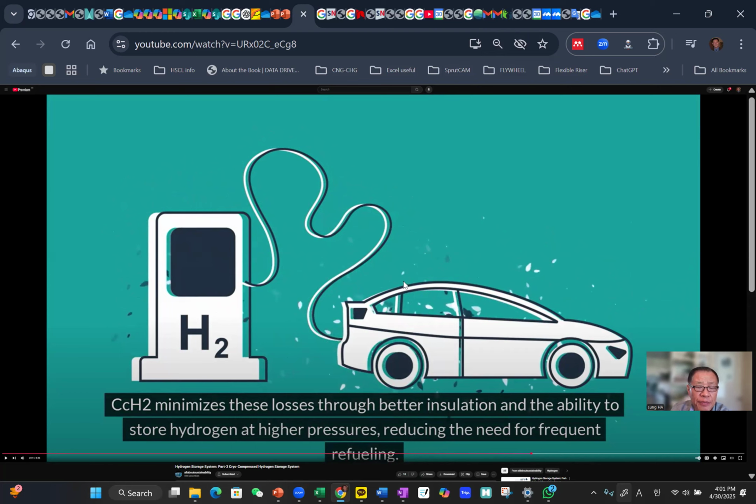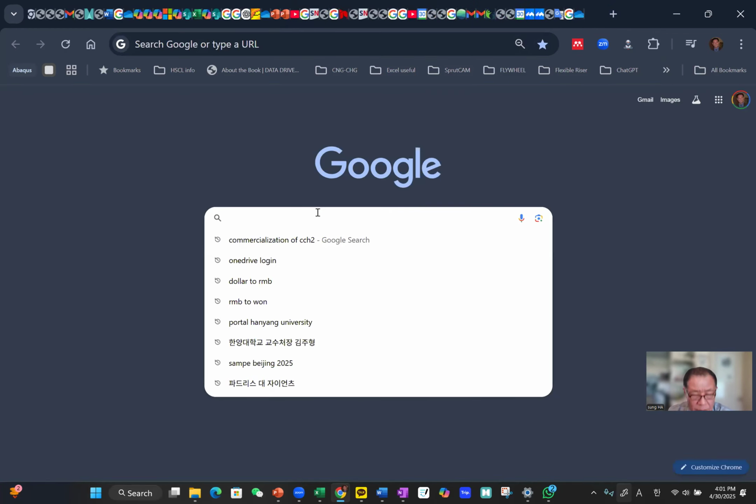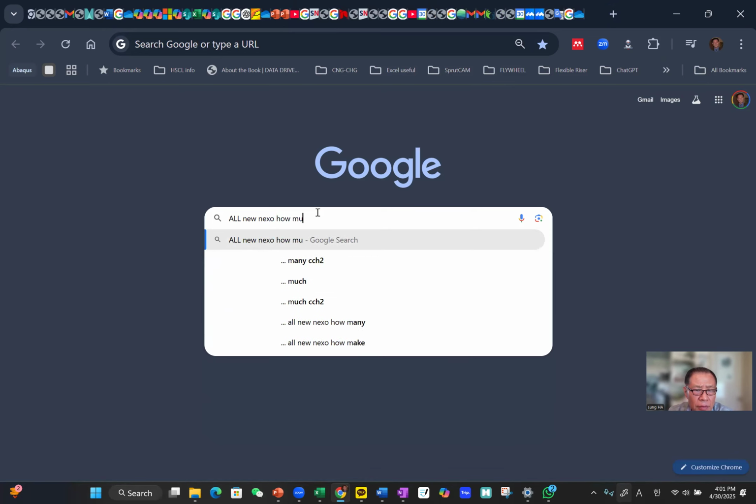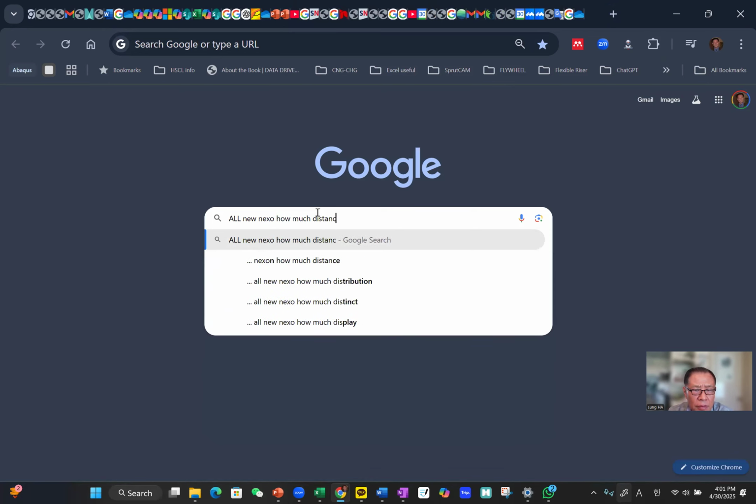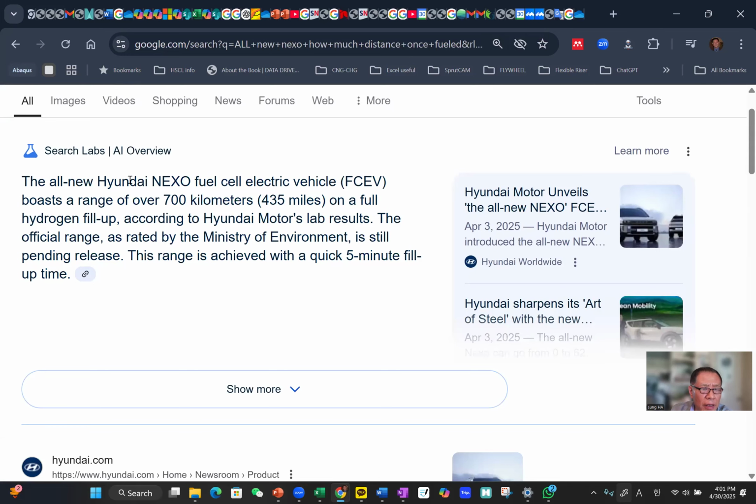Well, the density is very high compared to CGH2 and LH2, but unfortunately, they have a slight boil-off, even though for a given volume the amount of hydrogen can be very high, which means that in the Nexo, once the Nexo fuel cell is fully charged, it can go 700 kilometers.